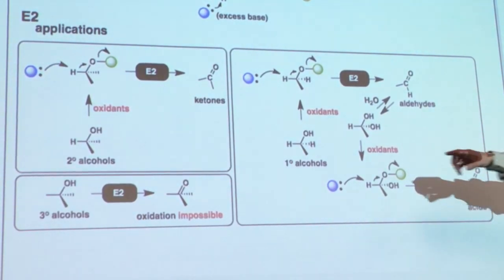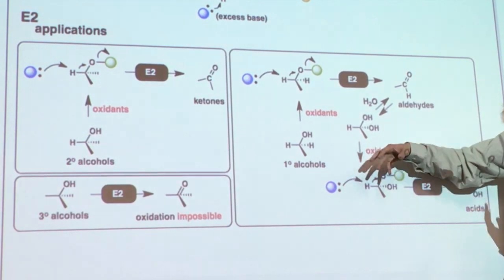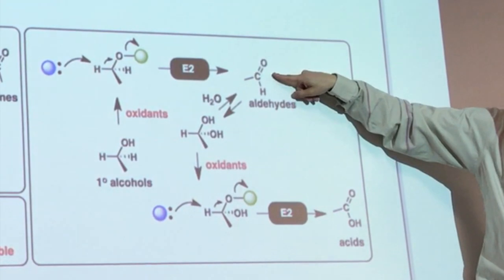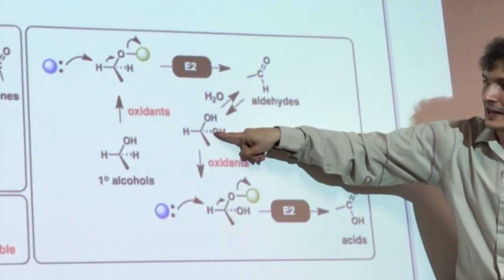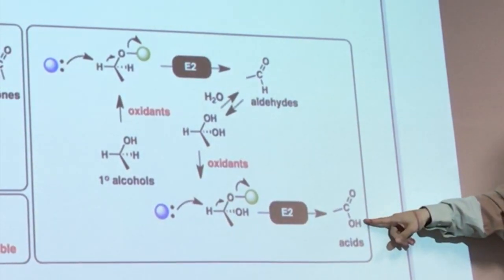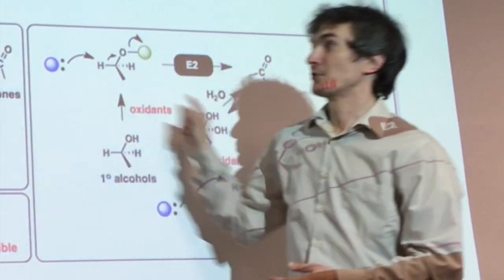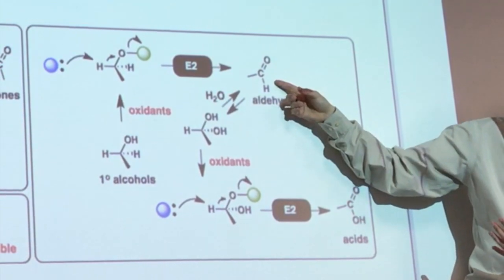We'll refresh this. But look, the situation with primary alcohols is a little more complex. The first step is the same. But what happens here is that an aldehyde sometimes adds water to it, and there's an opportunity for the second loss of water and making carboxylic acids. So some oxidants are very good at both of them, and some are very good at stopping it at the aldehyde position.